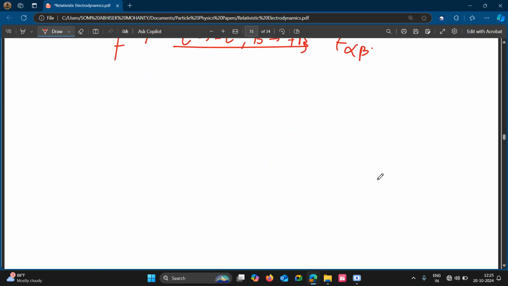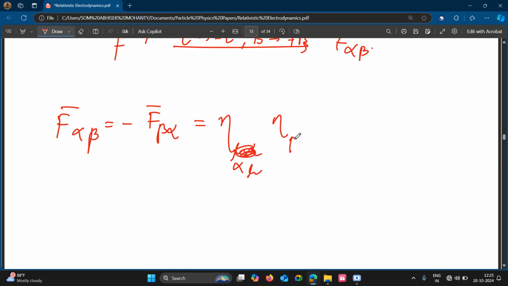Suppose we see the other way, the antisymmetric one. F bar alpha beta equals minus F bar beta alpha, which equals eta alpha mu, eta beta nu, F bar mu nu, and we have to cancel these two out.